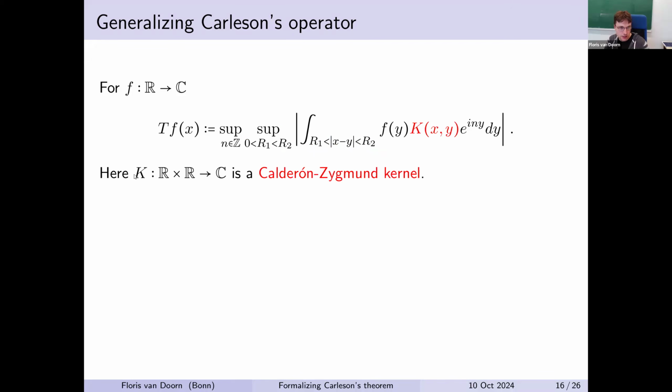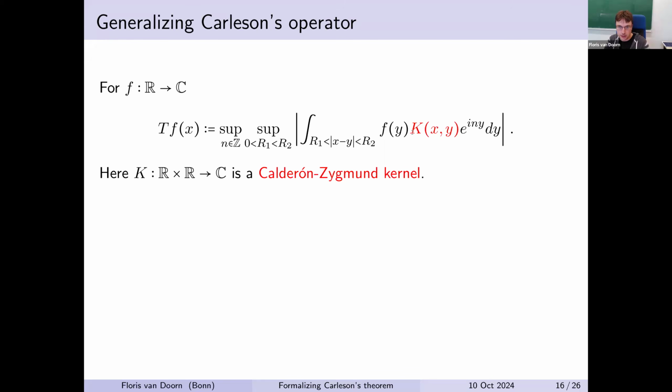And so a Calderon-Zygmund function is a measurable function that takes two arguments that satisfies some conditions. So it must decay somewhat rapidly if x and y are far apart from each other, and it must also not oscillate too quickly.